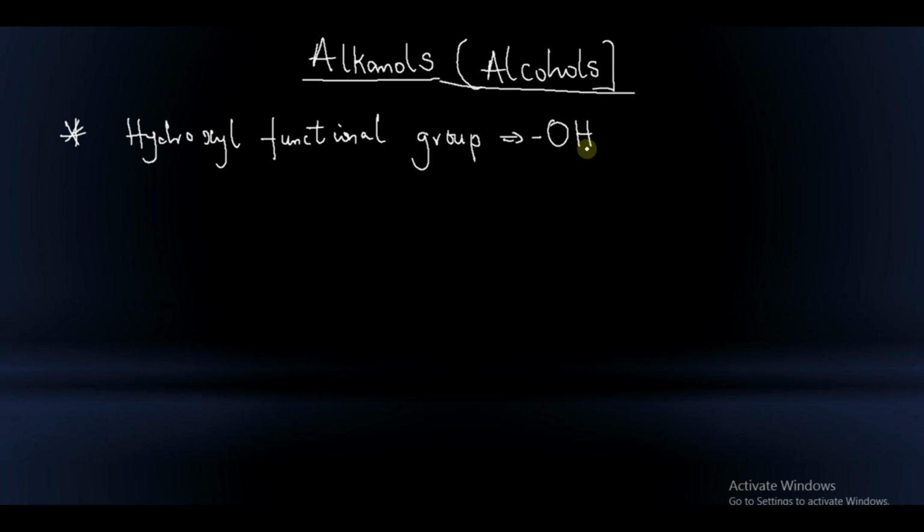What I mean by a saturated carbon atom is a carbon atom that has 4 single bonds around it. It is unsaturated when it has a double bond or triple bond, and saturated when it has only single bonds around it.